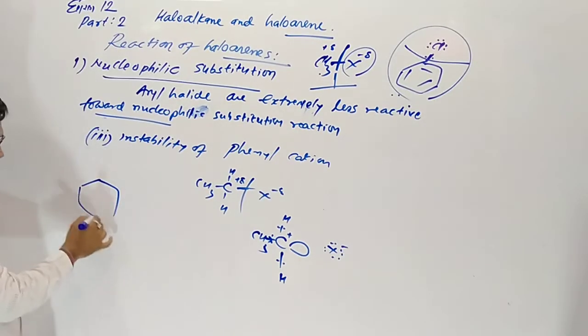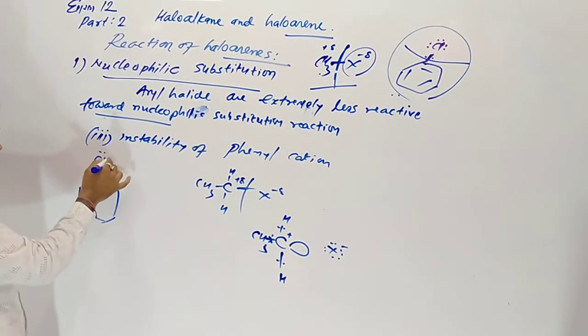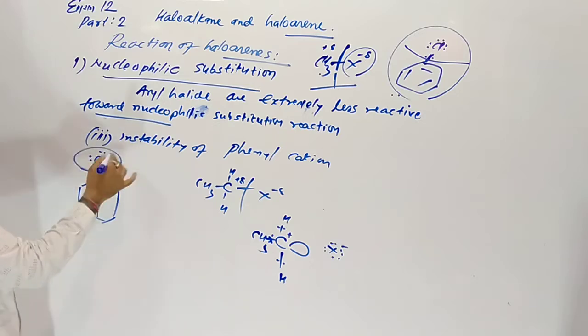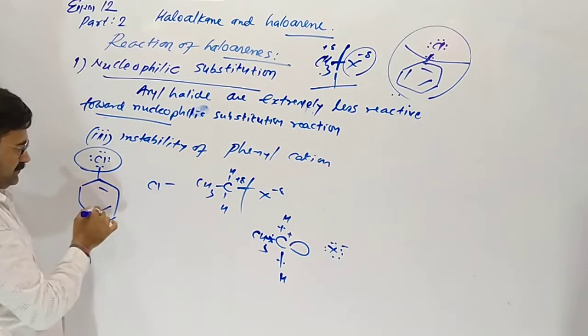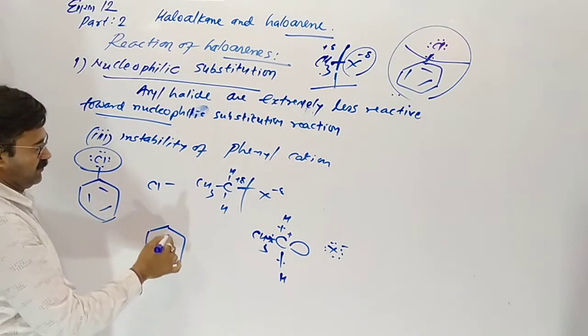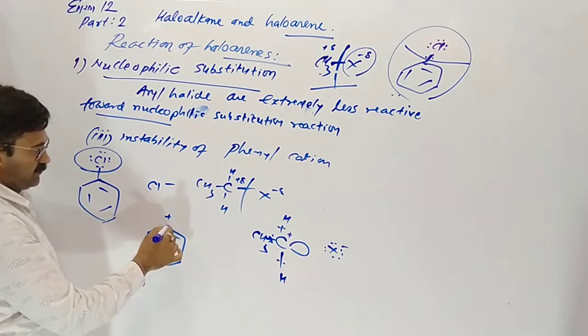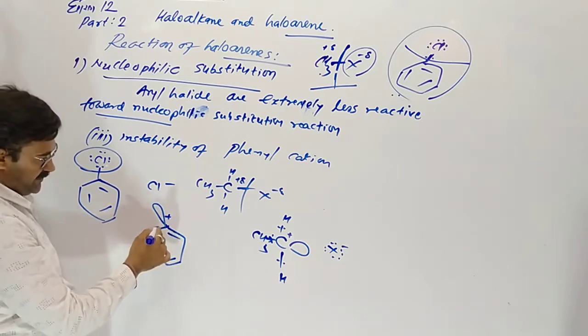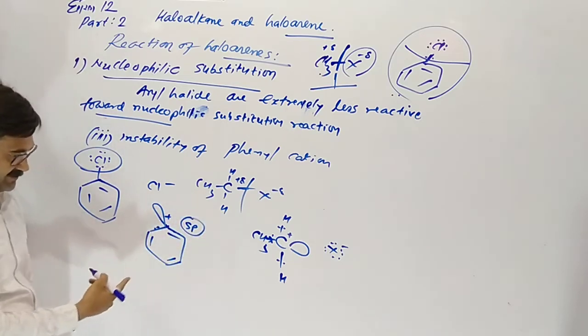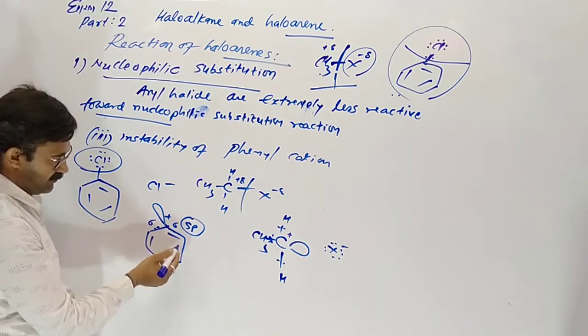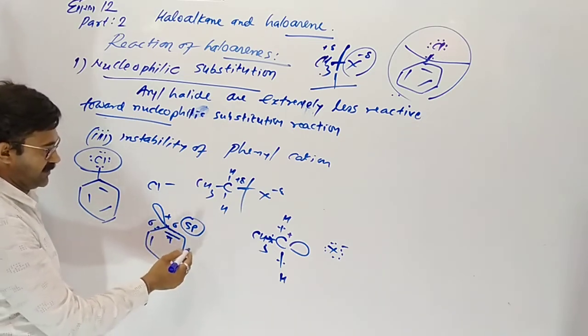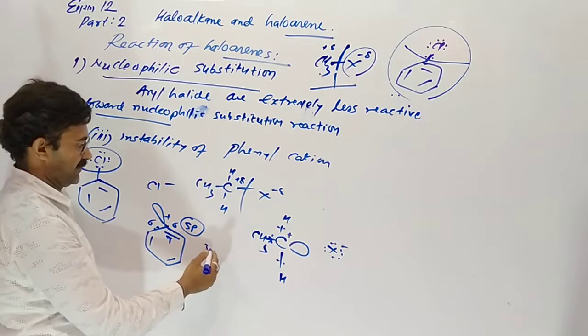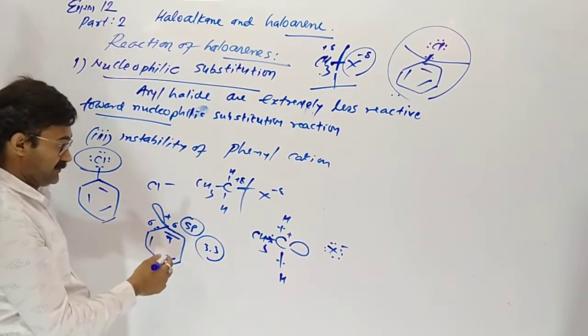But in haloarene, both electrons move with chloride. So this carbon became positive, which is sp hybridized, only 2 sigma bonds, pi bond we are not considering. So electronegativity is 3.3.